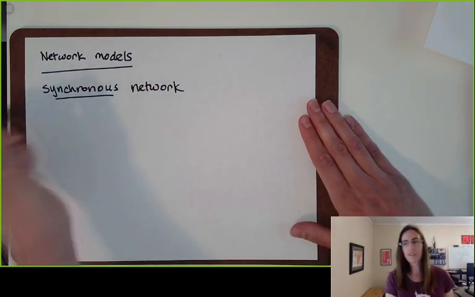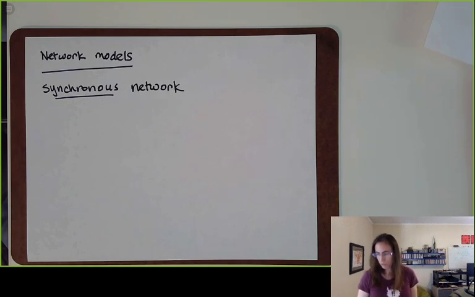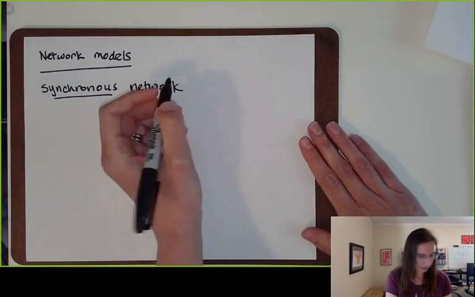And synchronous networks do exist, but they aren't the kind that we're going to be spending most of our time on in this course. I'm going to define it anyway, just so that we have a definition, but then we won't spend much more time talking about it.